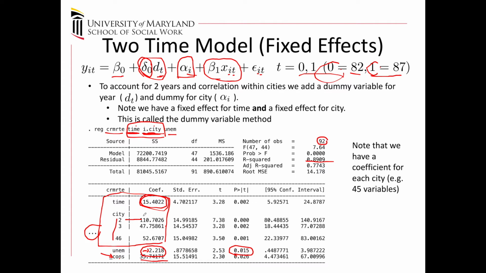So adjusting for each city's average crime rate, we can now look at the effect of change in unemployment on crime because we have isolated out the between effects. These are the between effects, and we've controlled for the between effects, and all we are left with here is the within effect. The great thing about this is we control for all the between effects, not just the ones we've identified in this data set.